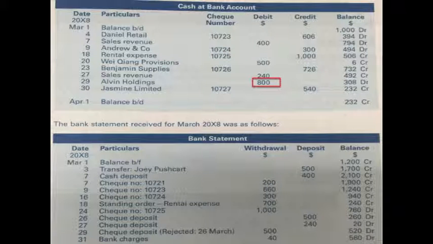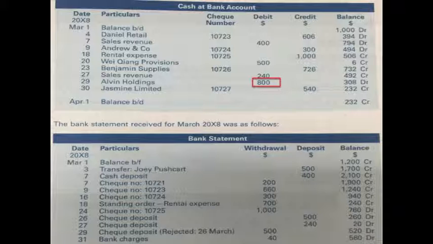Last but not least, we go back to our cash book, and we realize that there's a debit of $800 from Alvin Holdings, which means that this trade receivable has actually paid us. However, the bank statement does not reflect that. This shows that this check hasn't been credited into the bank as a deposit, so they wouldn't have known the existence of it.